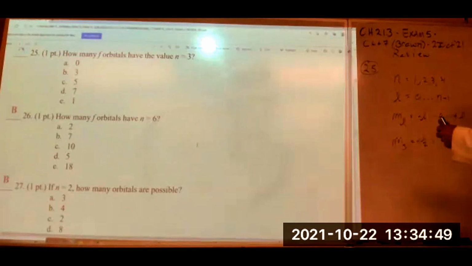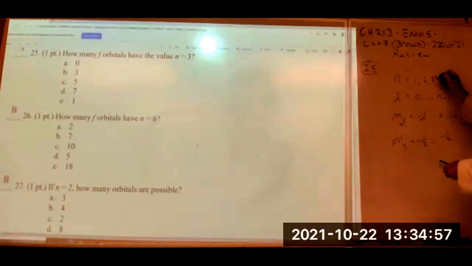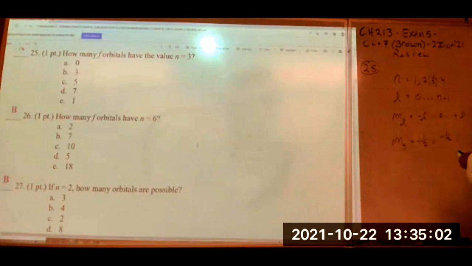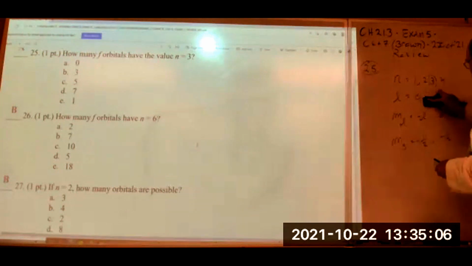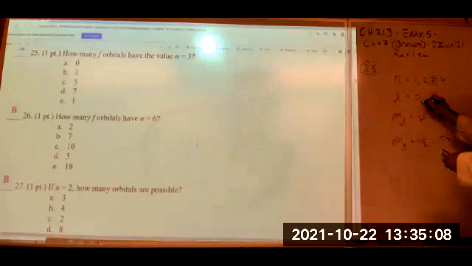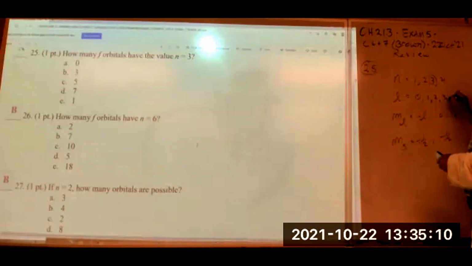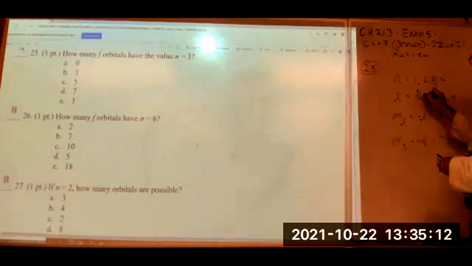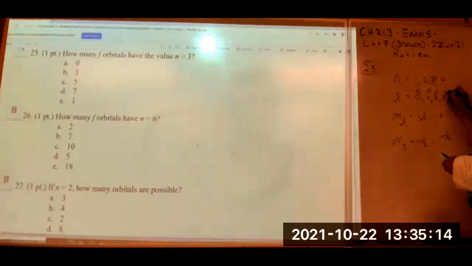Okay, so now that we've reviewed that, how many f orbitals have the value n equals 3? So we're going from 3. Can we have f? Well, remember the L's would go in this sequence: s, p, d, f, and g if you need it.